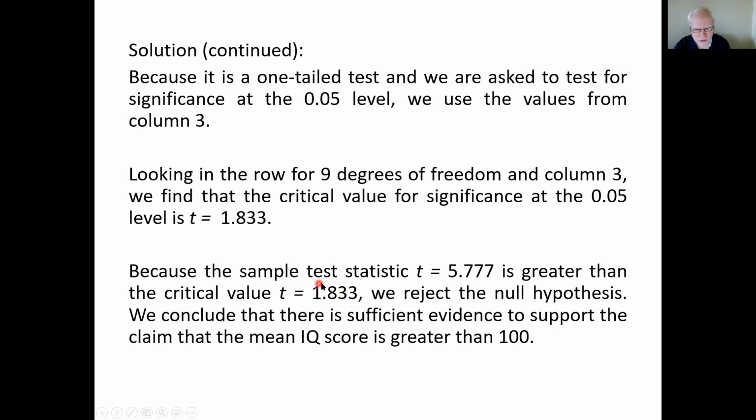So we still compare a test statistic to a critical value, which is what we were doing before. The only difference is that we use a slightly different formula to calculate our test statistic t, right? Because we don't have the population standard deviation, and rather than using a constant, we have to find our critical value using our degrees of freedom.